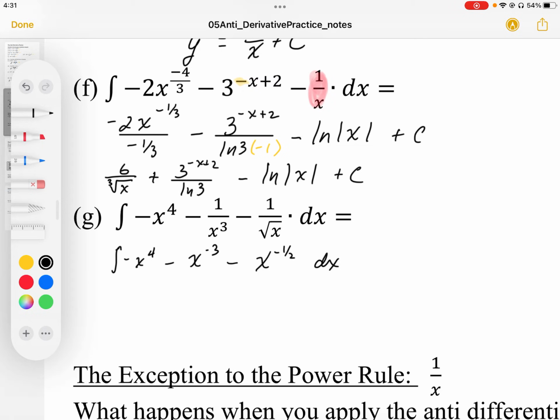And applying power rule, we're going to end up with x to the power 5 over 5 minus x to the power -2 over -2, minus x to the power positive 1/2 over 1/2 plus c.